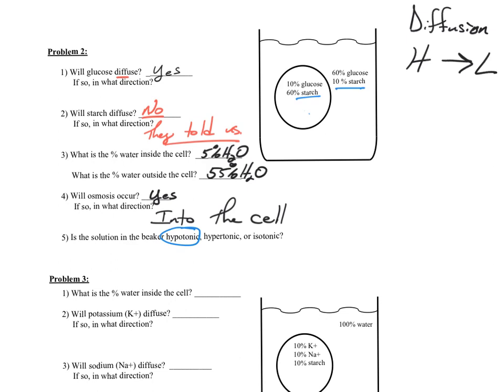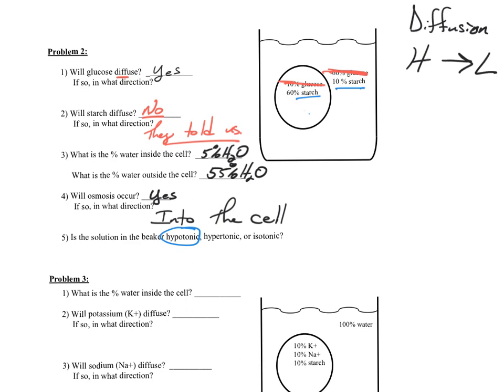If you just went by the general percentages, you'd say it was isotonic. But you have to think about, this isn't moving. It will never move. The glucose will move and equilibrate. So I can ignore the glucose for the purpose of discovering whether this is hypotonic or hypertonic, because they'll both be equal. So the only question then is this starch. Starch is 60% inside and 10% outside, so obviously this is hypotonic.